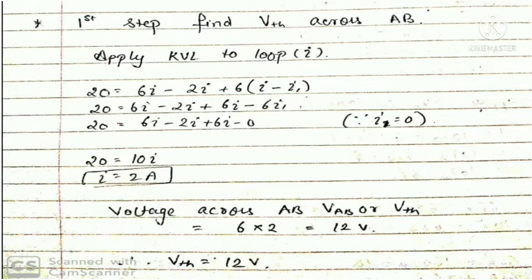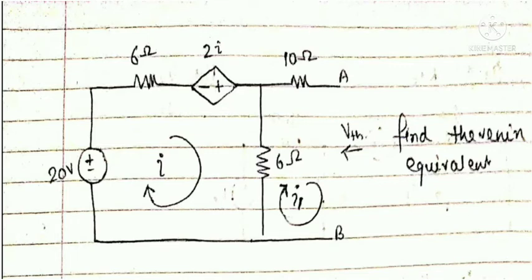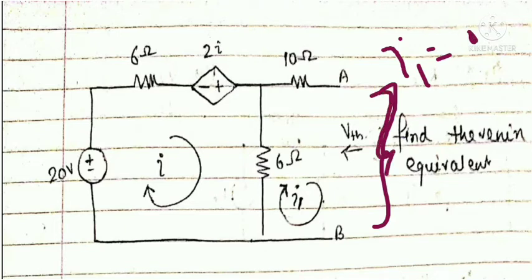Why have I written I1 equal to 0? Let's see that in the diagram. We have to find the VTH across the AB terminal. Now this is the open circuit. What will be the I1? The value of I1 is equal to 0 because this is an open circuit.